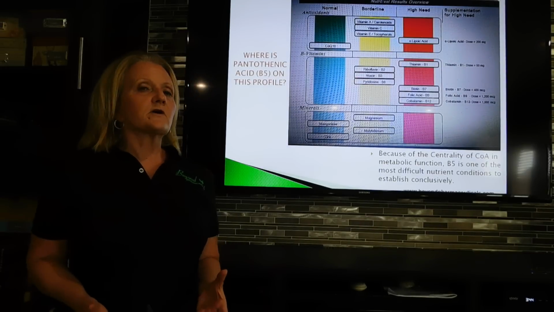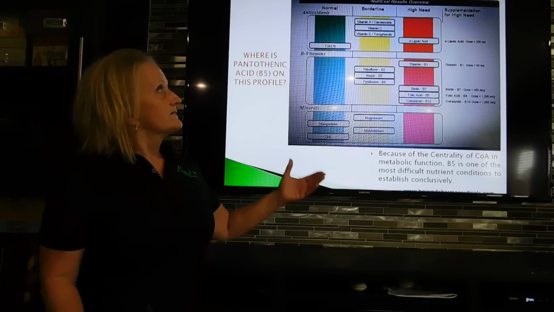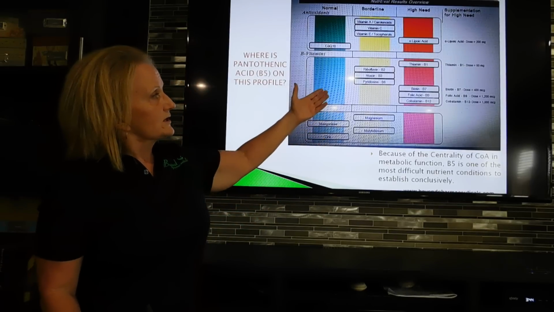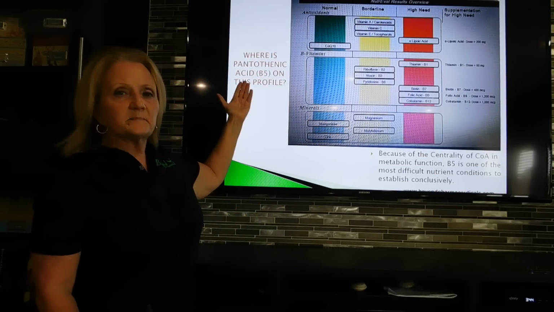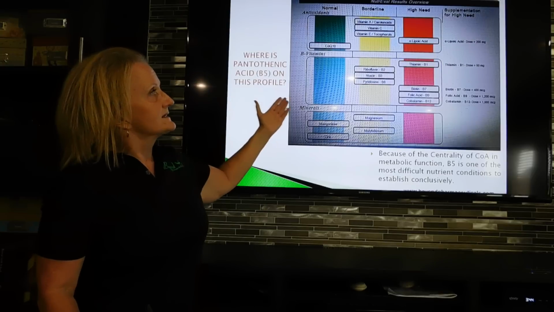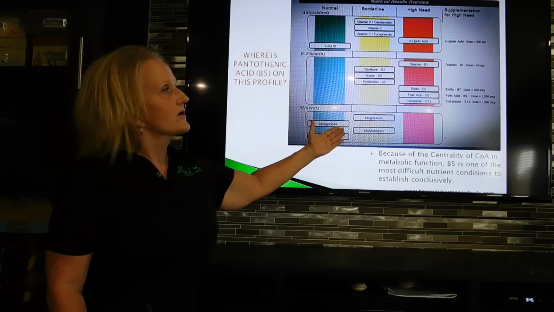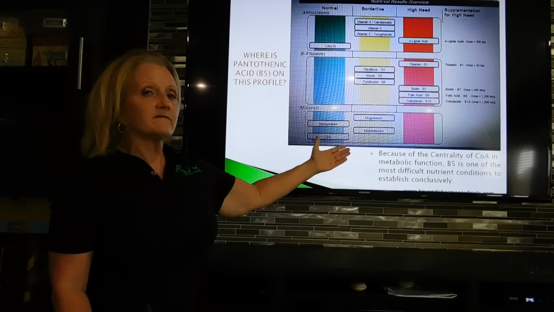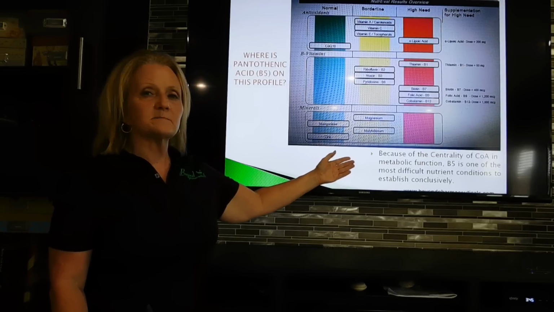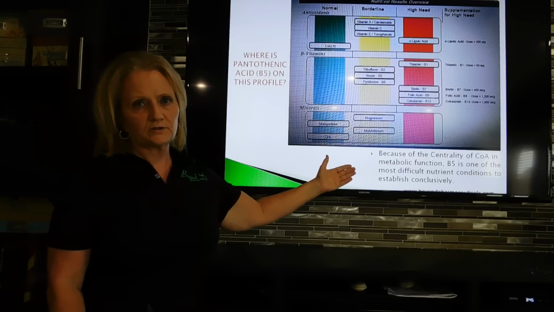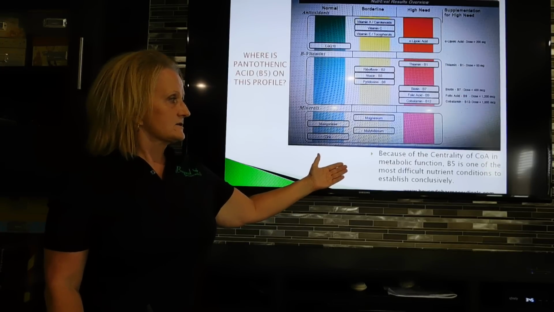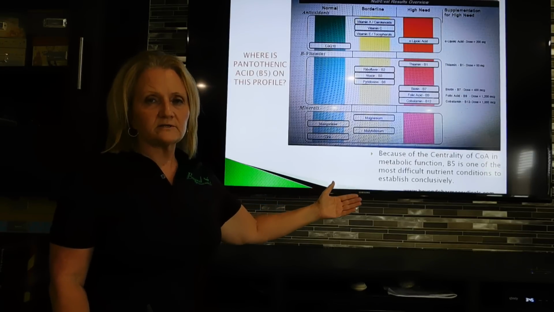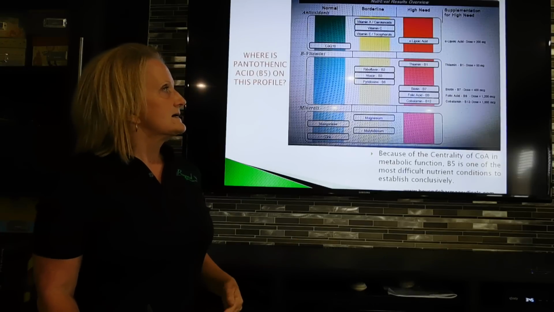Now, going back to our original overview slide, where is the B5? Where's the pantothenic acid in this report? Well, it's not here. Because of the centrality of CoA in metabolic function, B5 is one of the most difficult nutrients to establish conclusively and to assess.